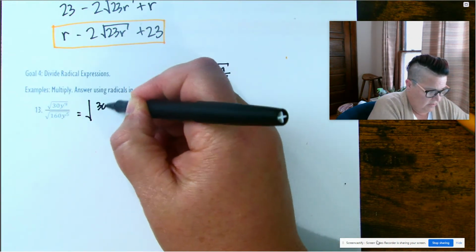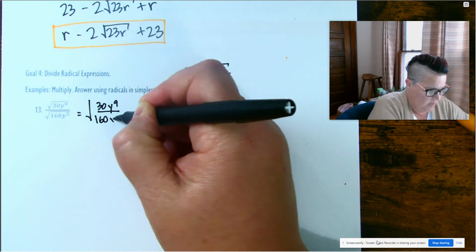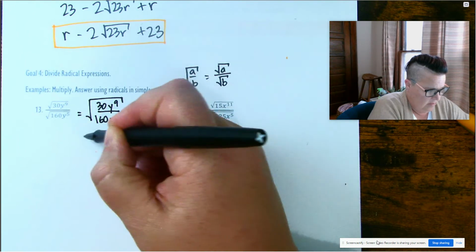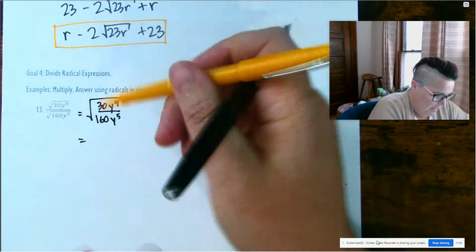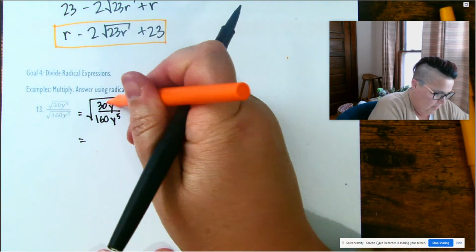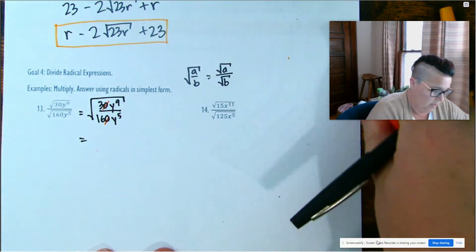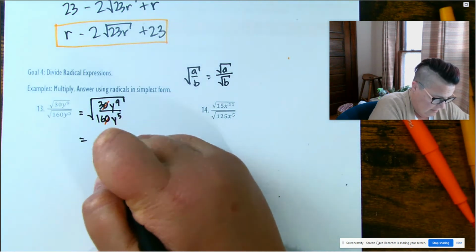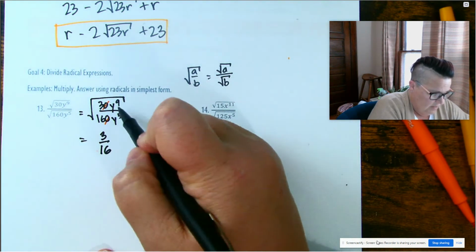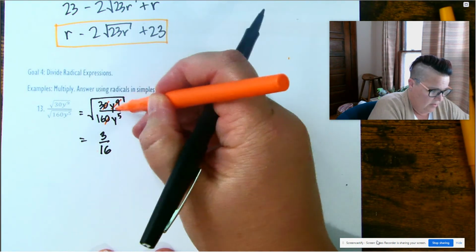So for this one, I might actually do this as the square root of 30y to the 9th over 160y to the fifth, and then I'm going to cancel. You divide both of those by 10 to get 3 over 16. And then I have y to the ninth over y to the fifth.